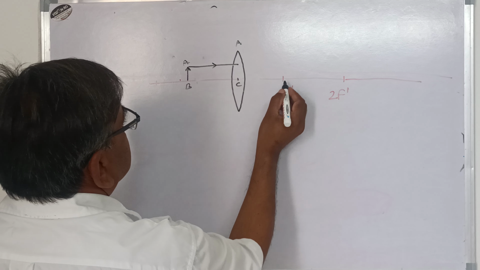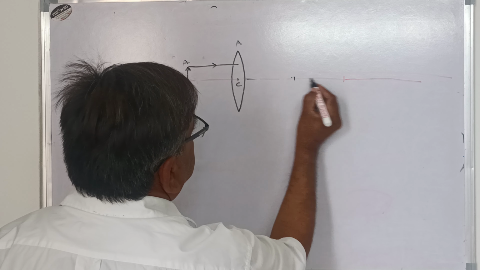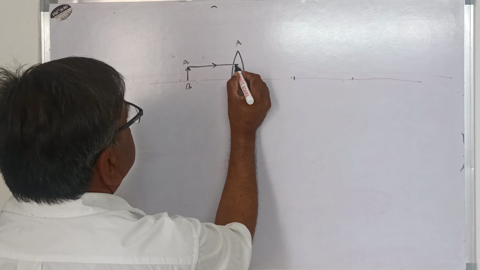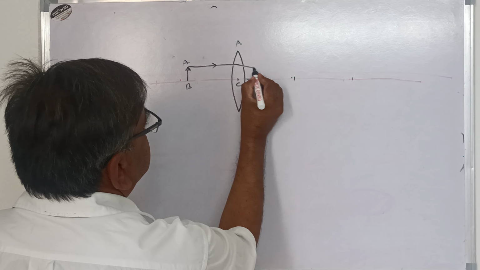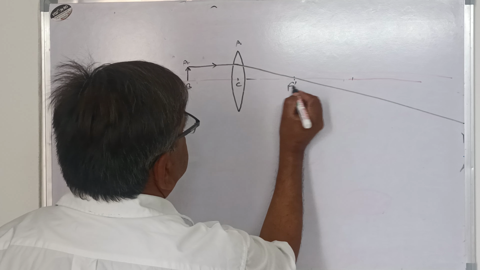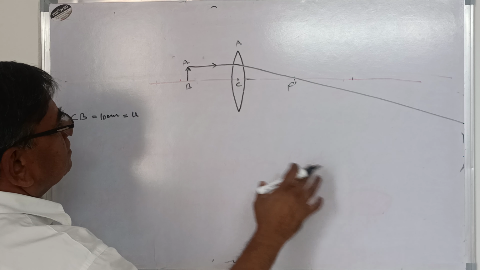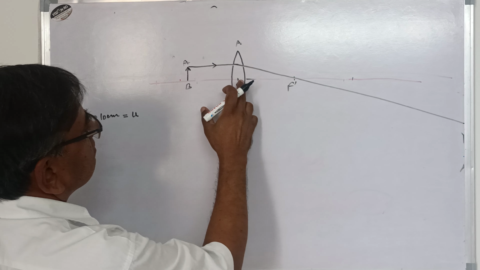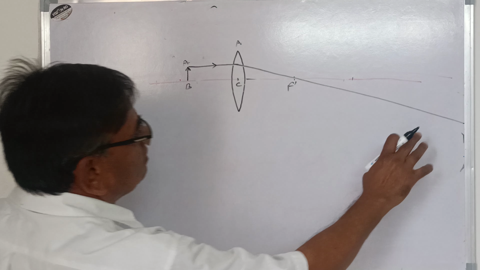Take here, let this be the focal point. रियल बनती है तो आगे ही behind the lens, this will go from here, F dash से जाएगी, and it is a great distance. The second ray which passes from this should cut it at a very large distance.